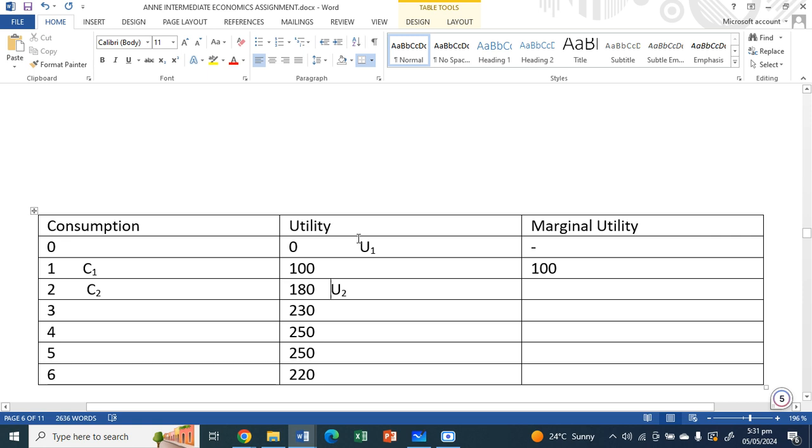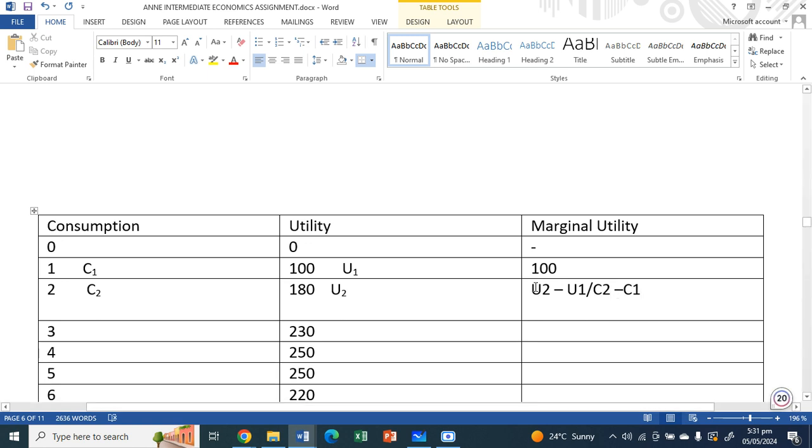And from our U1, which is our initial utility, is 100. So to get our marginal utility, as we said, change in utility. So you say U2 minus U1 divided by C2 minus C1.